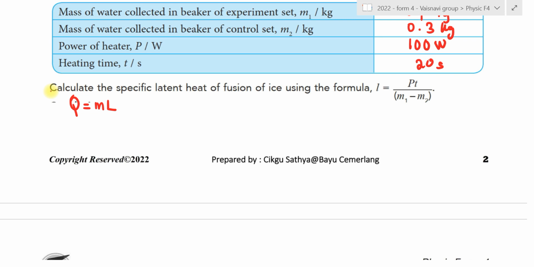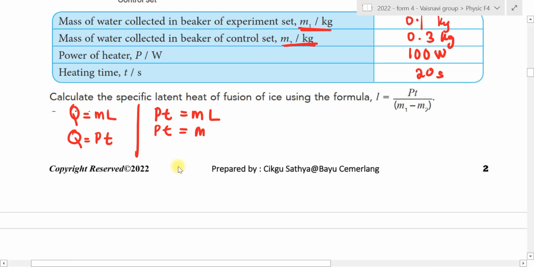Heat energy equal to specific latent heat times the mass. And remember, heat energy also equal to power multiply by time. So combining this equation, power times time equal to ml. Okay, baik. Sekarang kita nak cari L saja. Tetapi dalam mass ni kita ada M1, M2 kan. So M2 minus M1 lah.